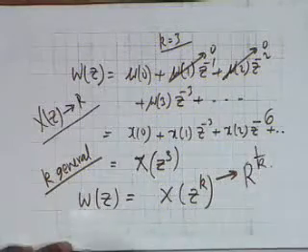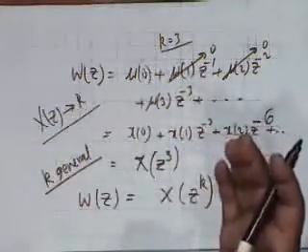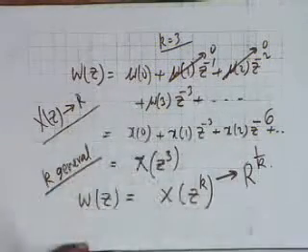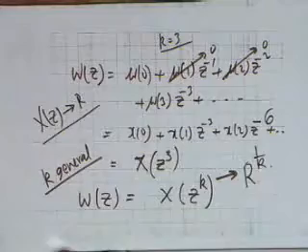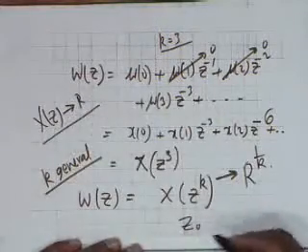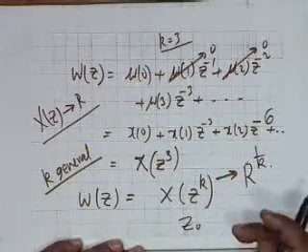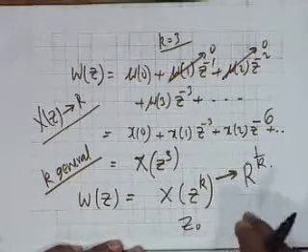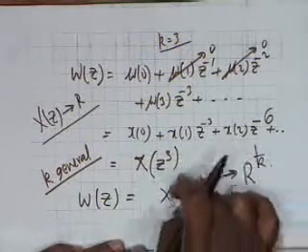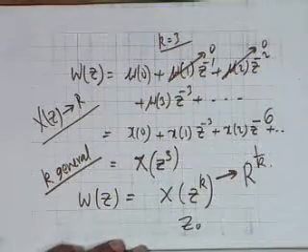What does it mean? A region of convergence is a two-dimensional area. What does it mean by raising it to the power 1 by k? It simply means that if z0 is in R, then z0 to the power 1 by k shall be in the ROC of x of z to the k. Is that clear?